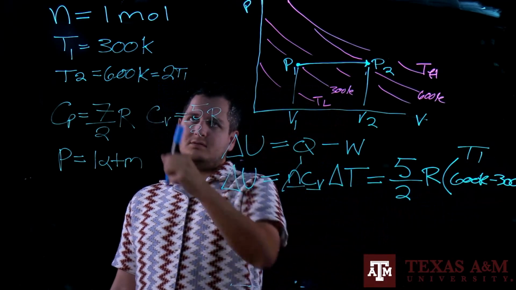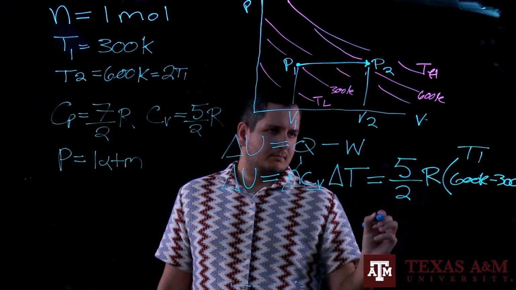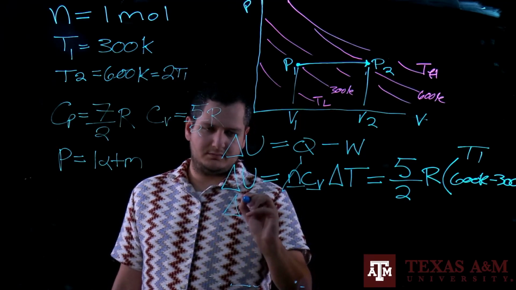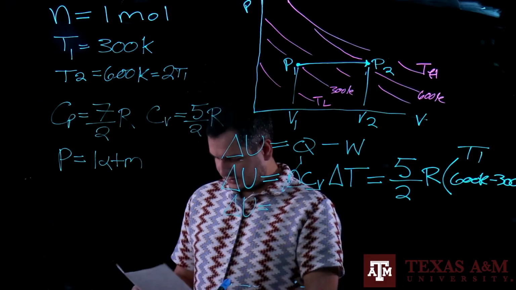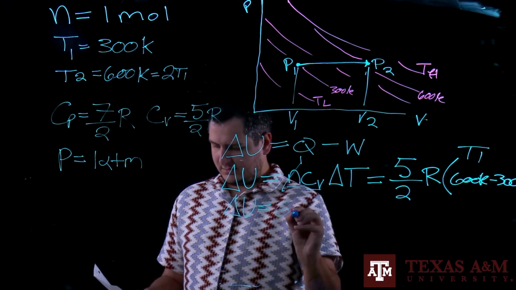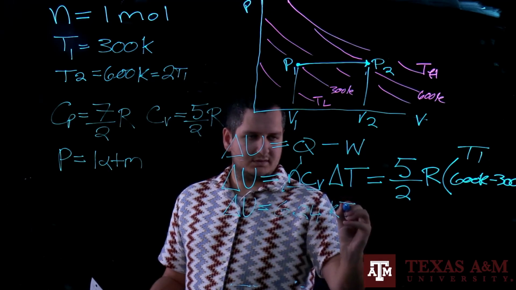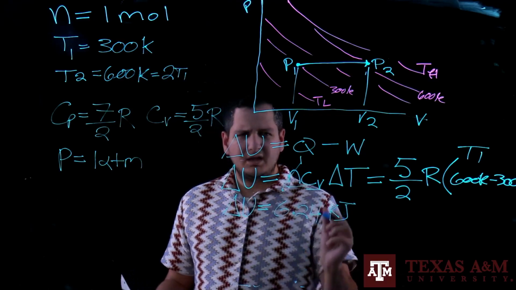Okay, so 300K. And when we do this math, we will see that internal energy will be equal to this number, 6.24 kilojoules. Okay?